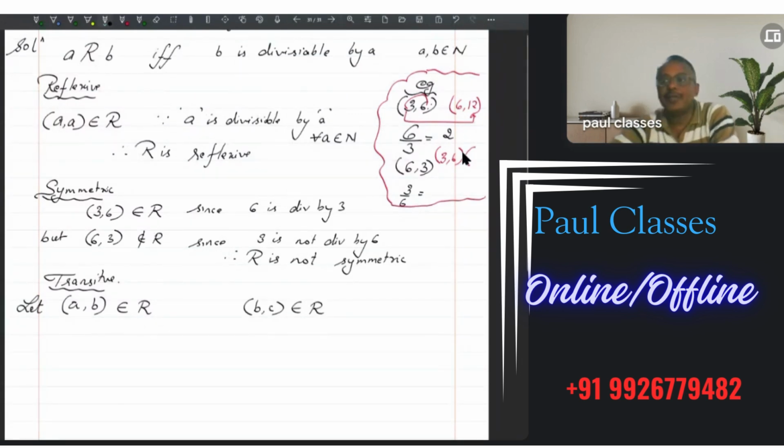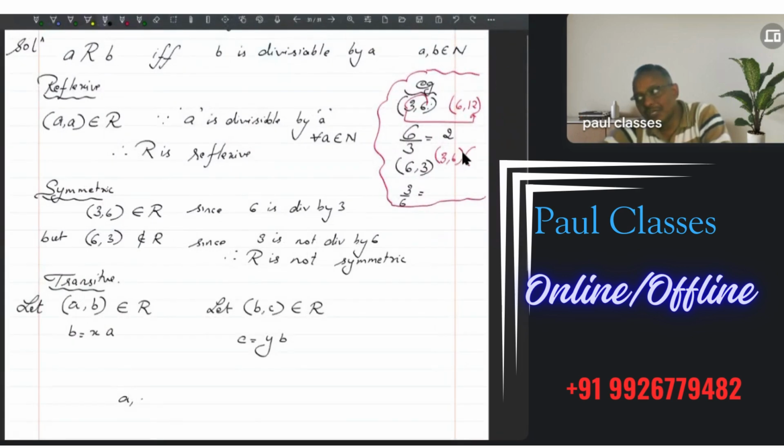Now, AB belongs to R, if I assume that, then B is some lambda or some x times A. Like 6 is 2 times 3. There will be some lambda. Next, BC, so I'll say C would be some multiple of B. Right? I want to combine. What is my destination?